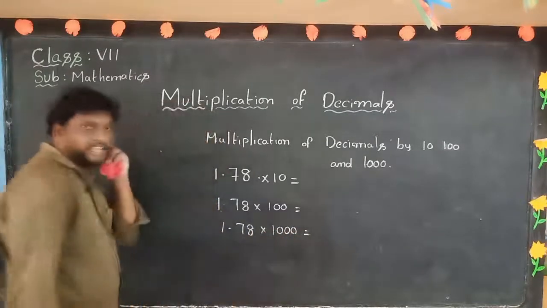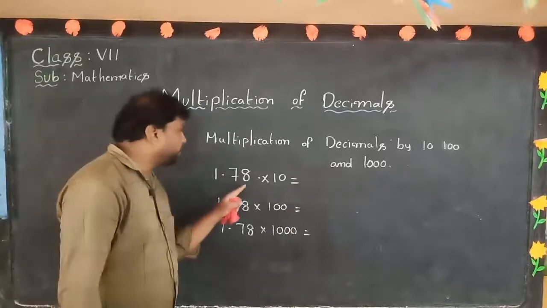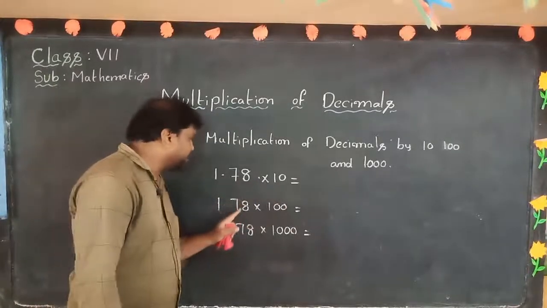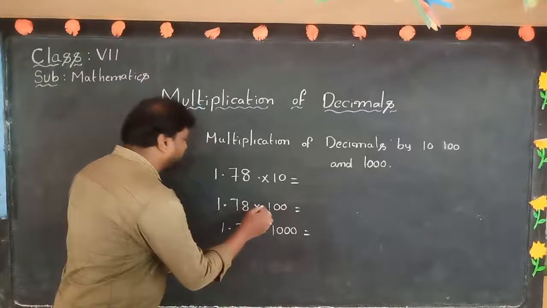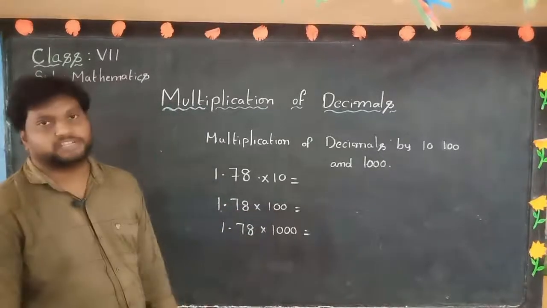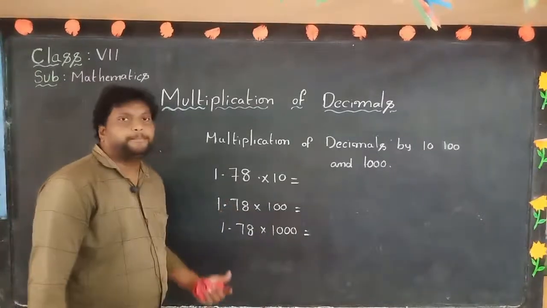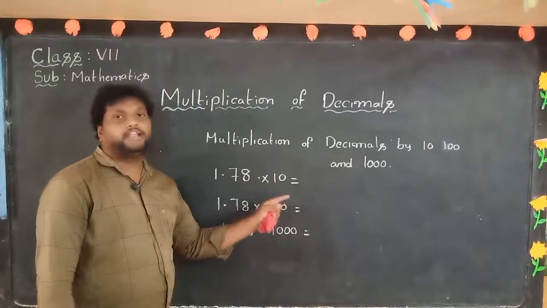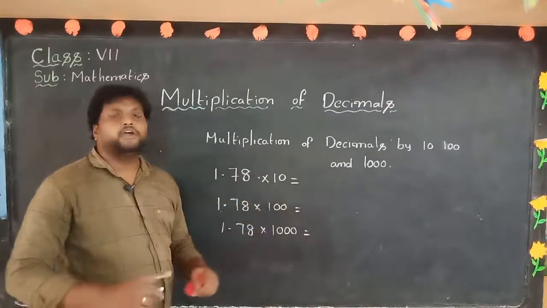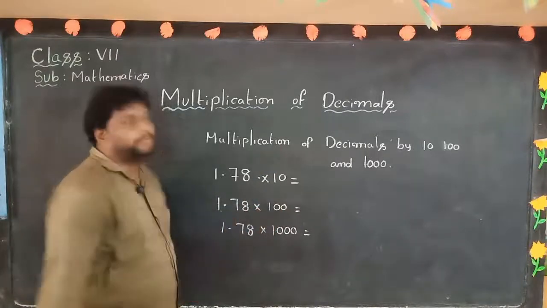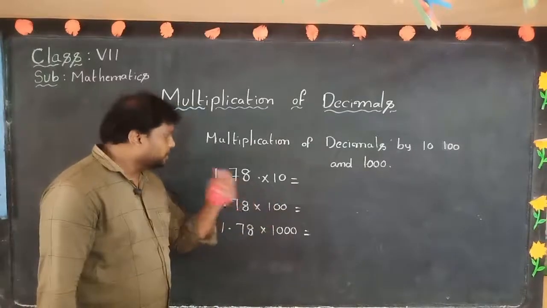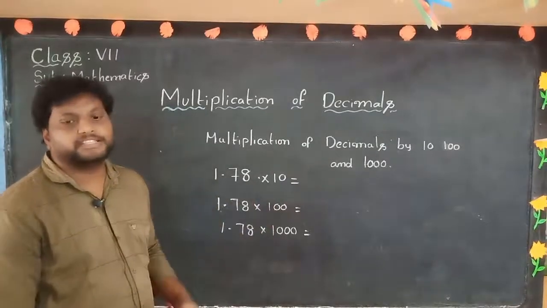I am taking three cases. The number is the same, but we multiply with 10, 100 and 1000. Let's observe what happens and where the decimal point comes.